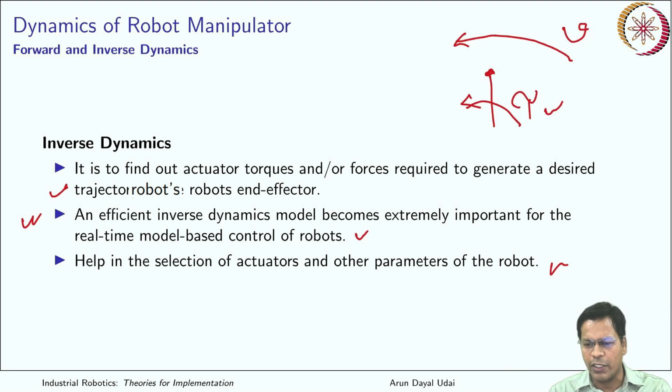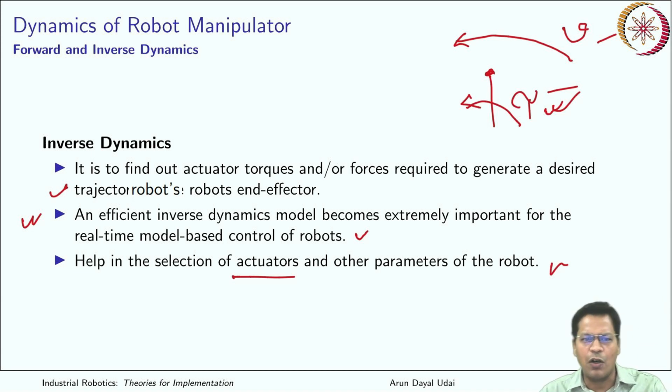So the torque behavior corresponding to the end effector motion or even the joint motion, you will understand the requirement over there. Accordingly, you will select a particular actuator for that robot. So that is inverse dynamics.